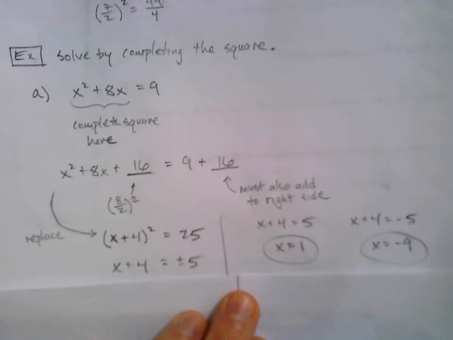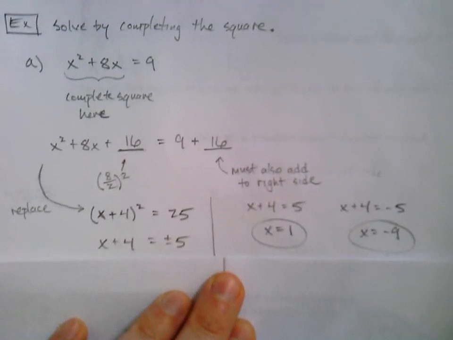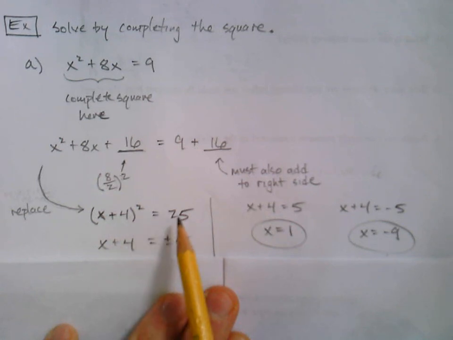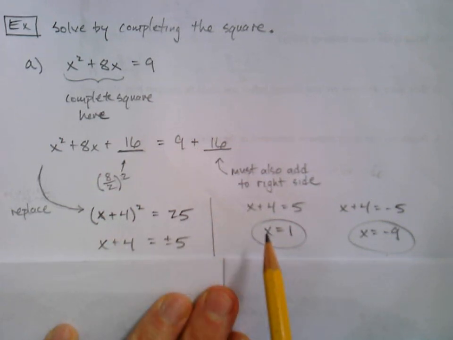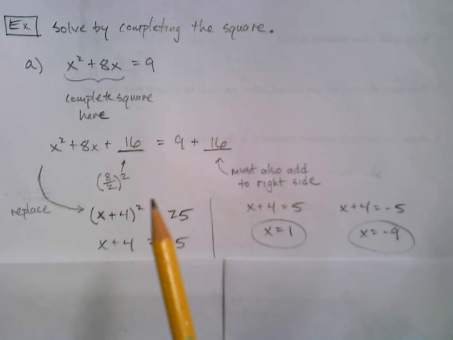So the idea behind completing the square is it puts you in a position where you can then just take a square root of both sides, and you're just a couple of steps away using the ideas from the square root property. Again, there's a lot going on here. Completing the square is a very technical process.